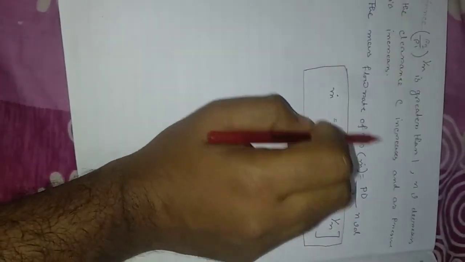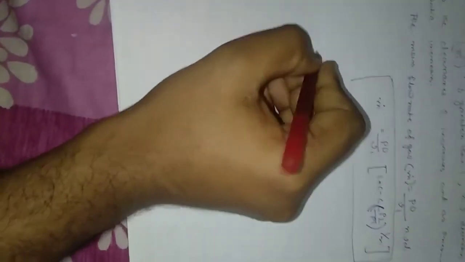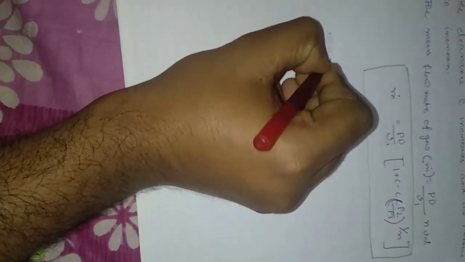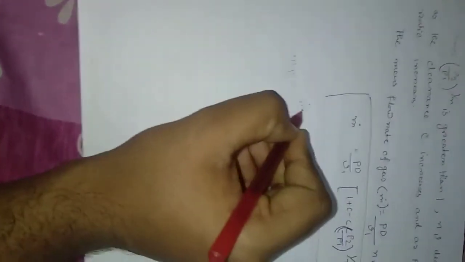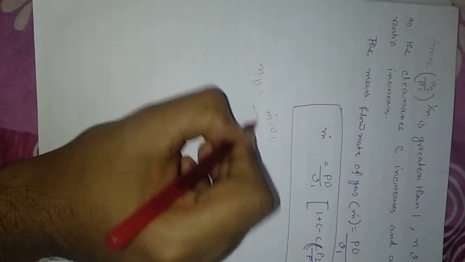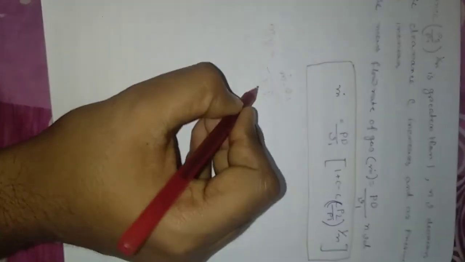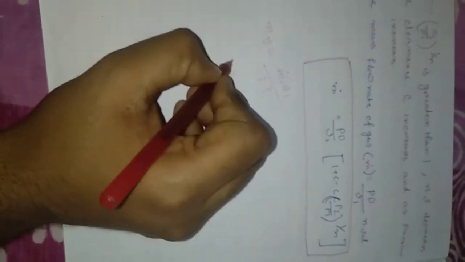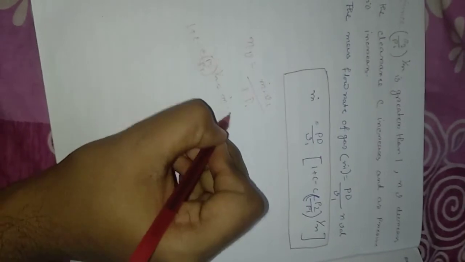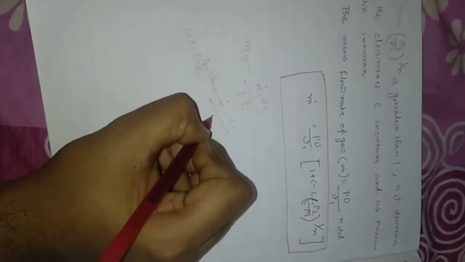Okay. Now the mass flow rate from the previous expression, because we know that volumetric efficiency is the mass flow rate into V1 divided by piston displacement volume. So from that expression, volumetric efficiency is 1 plus C minus C into P2 by P1 to the power 1 by n, equal to M1 into V1 divided by PD.